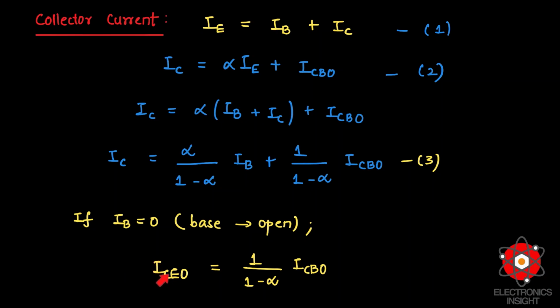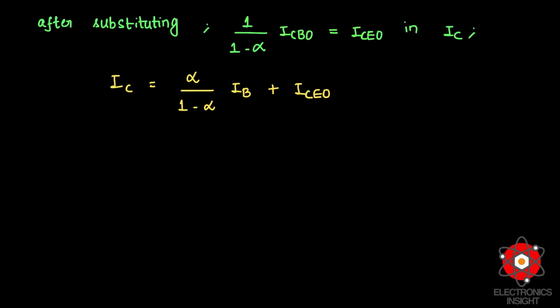Now substituting the value of 1 by 1 minus alpha ICBO as ICEO, the expression for IC after all the substitution becomes alpha by 1 minus alpha into IB plus ICEO.